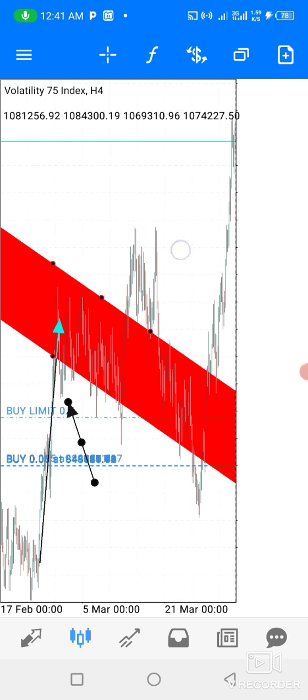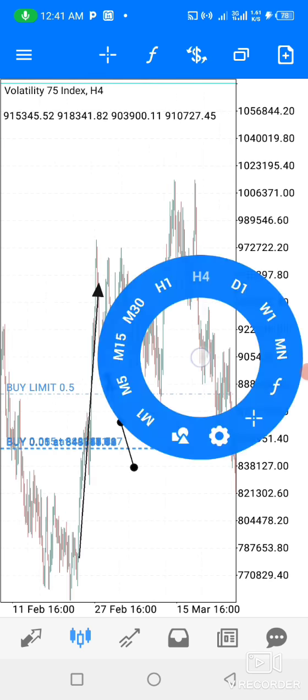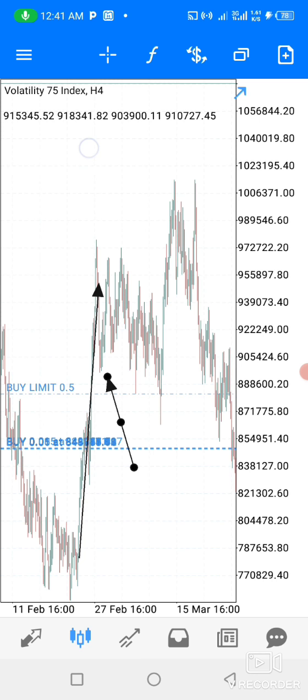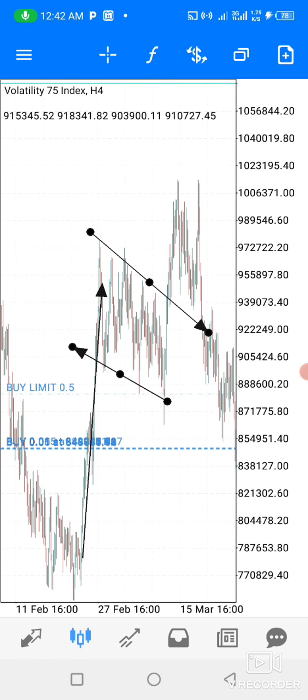I will show you what I mean. This is a flag, the area bounded by these arrows. It is a flag because the market is in an uptrend.